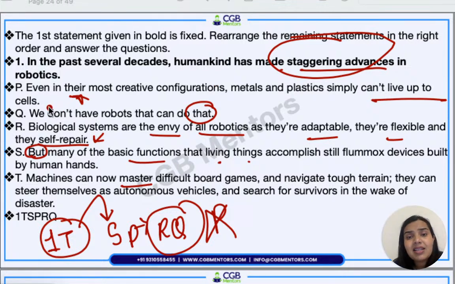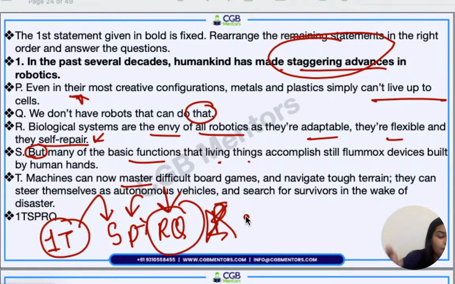Now tell me how they are different from cells. That we explained in RQ, there is a difference we have explained in RQ. So P has to be before RQ to give a premise why we are suddenly comparing. So this is your answer.